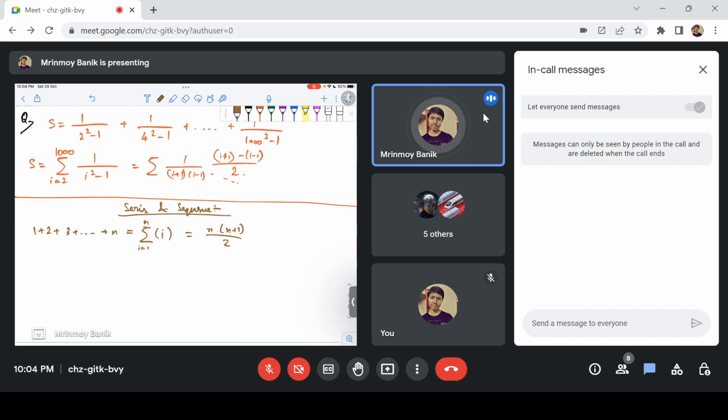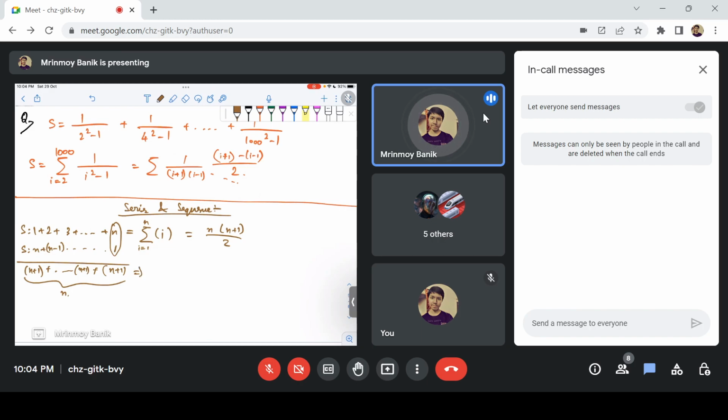So the way we do it is, we first take the sequence as s, then we reverse it, 1 plus n plus n minus 1 up till 1. And now we observe, adding the terms, you get n plus 1 everywhere. So how many terms are there? n many.